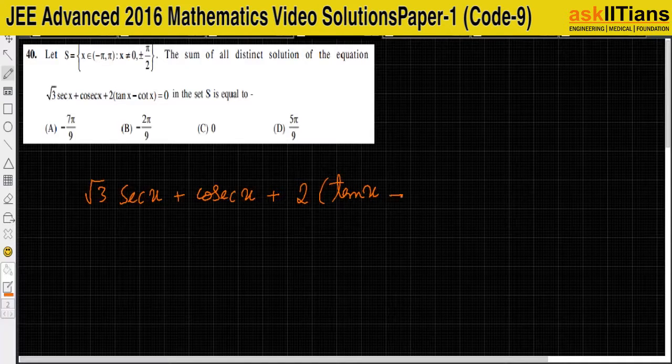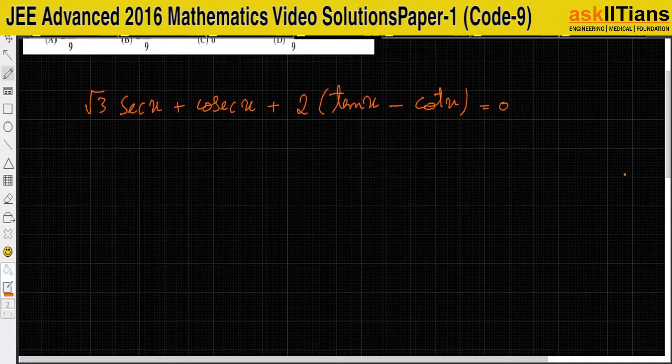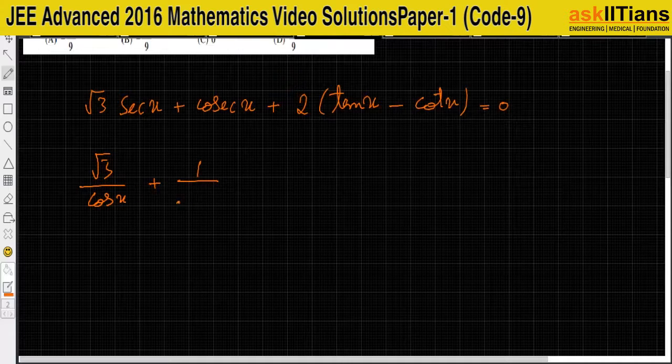This equation is something like this, minus cot x is equal to 0. Let's convert everything to sine and cos because that's the easy way out. So this will be 1 by cos x plus this is 1 by sin x plus 2 times sin x by cos x minus cos x by sin x.